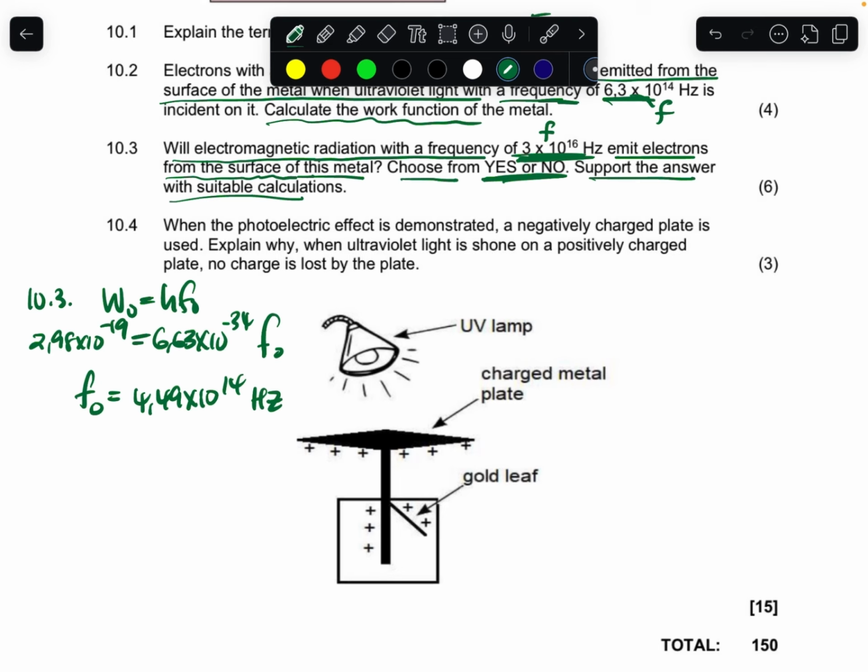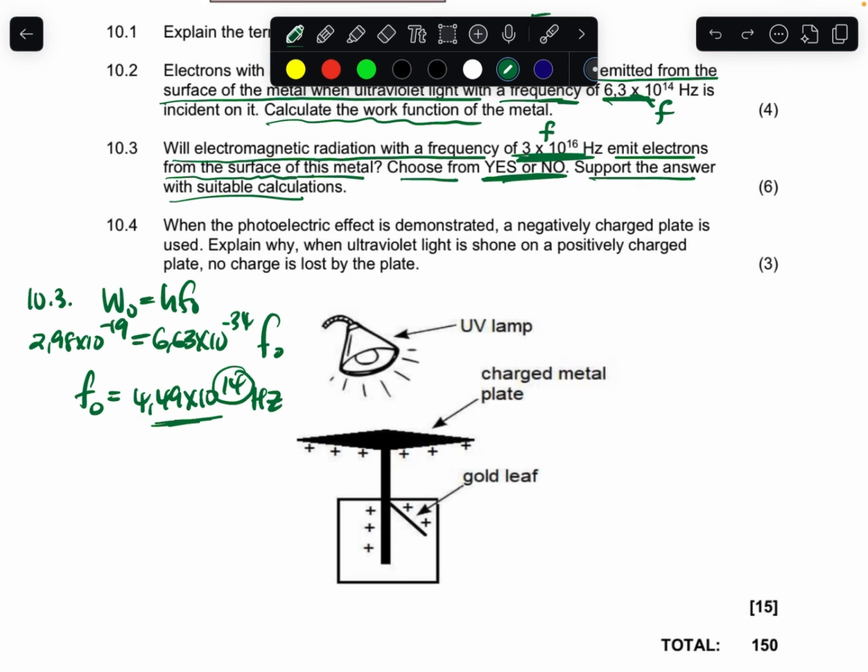So we have this frequency and this one. The threshold frequency of this metal is smaller. Do you see, this is 14 and this is higher? Don't look at only the values, you must look at the powers.